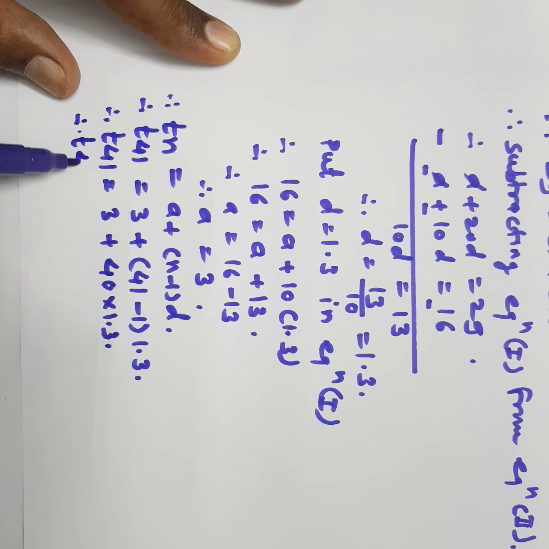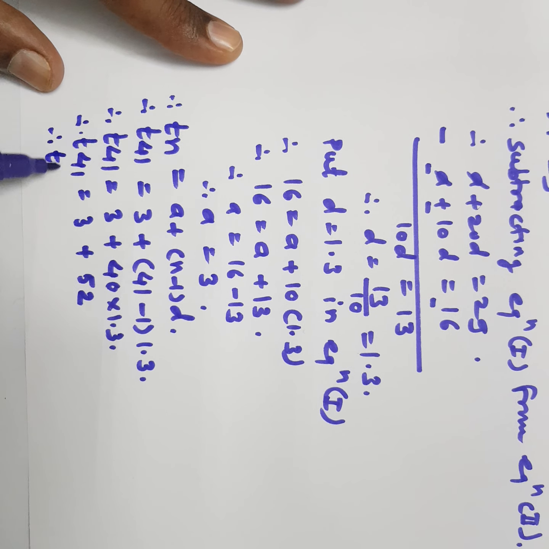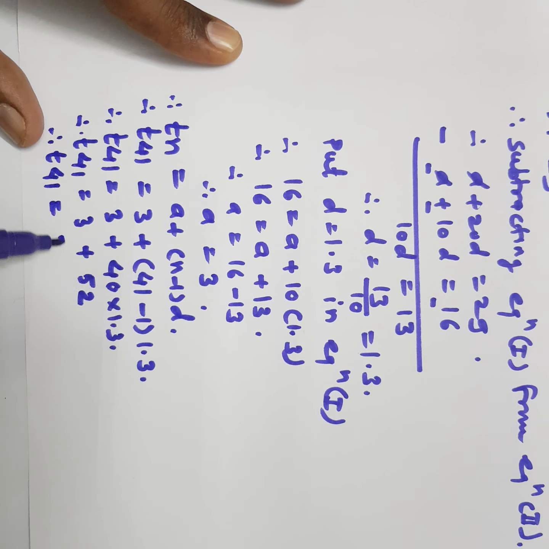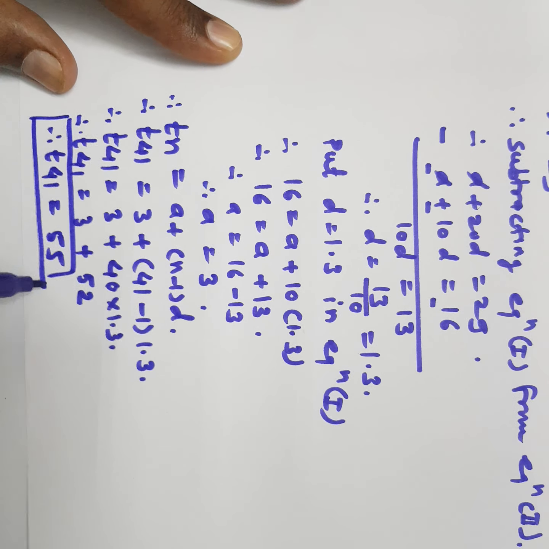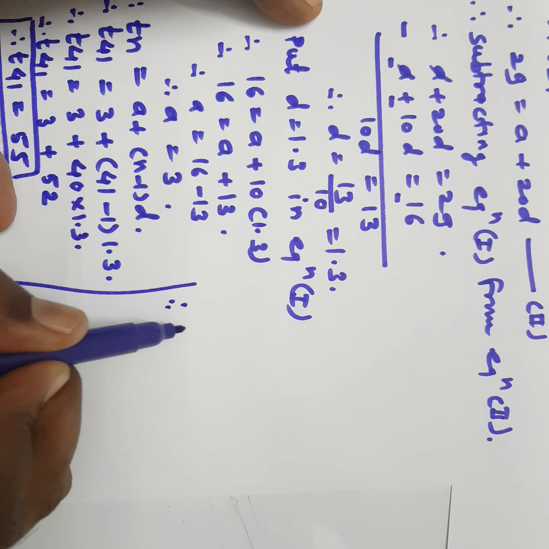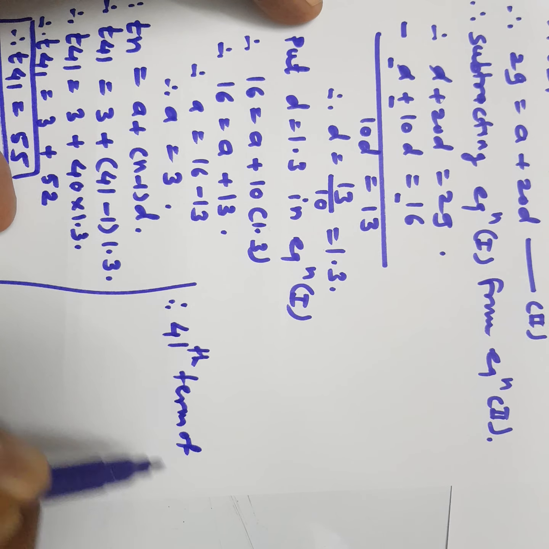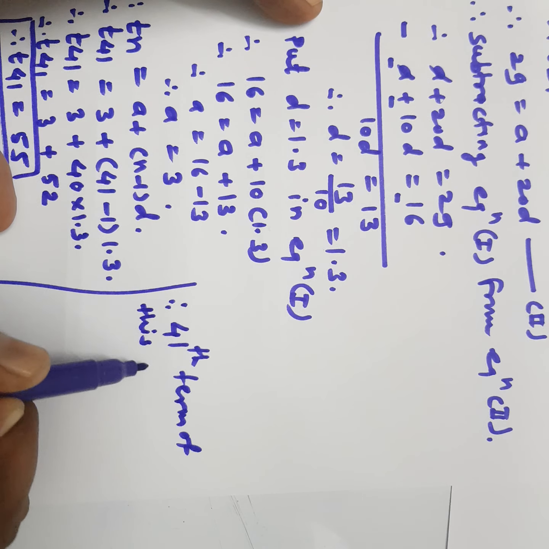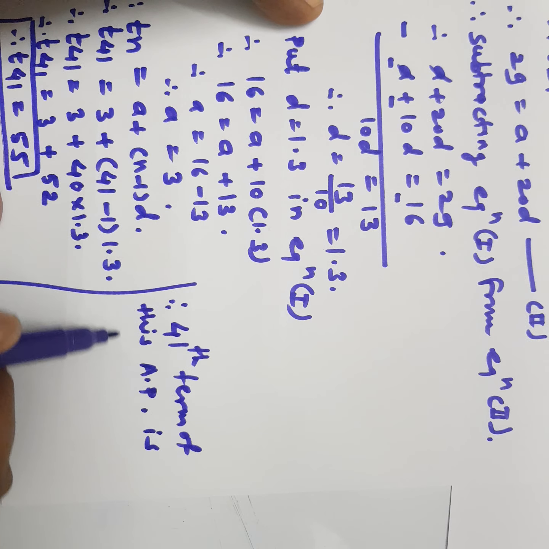That means T41 is equal to 3 plus 52. Therefore T41 is equal to 55. That means the 41st term of this arithmetic progression is 55.